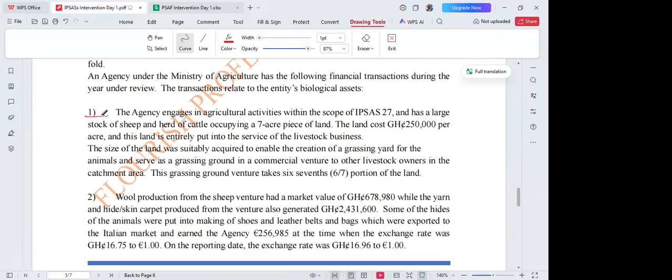The size of the land was suitably acquired to enable the creation of the grazing yard for the animals and serves as a grazing ground in the commercial venture to other livestock owners in the catchment area. This grazing ground venture takes 6 out of 7 portions of the land.